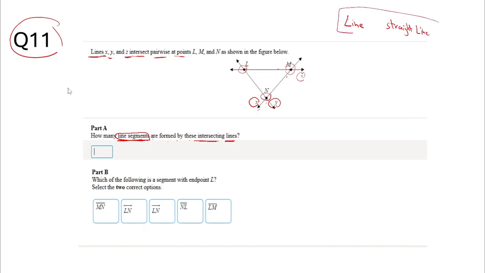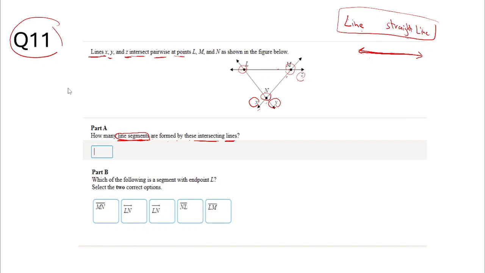These two words are the same. It's a line with no endpoints and two arrowheads. This is the shape of the line or straight line.